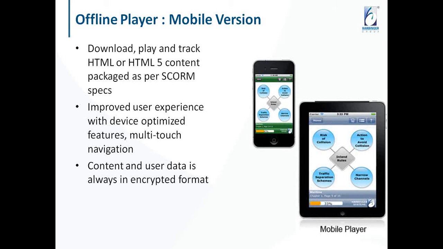When you are accessing the content on the mobile, it improves your user experience because of the device optimized features like multi-touch navigation and so on. So you will have those features in the mobile version of offline player. And as usual, the content and user data is in the encrypted format.